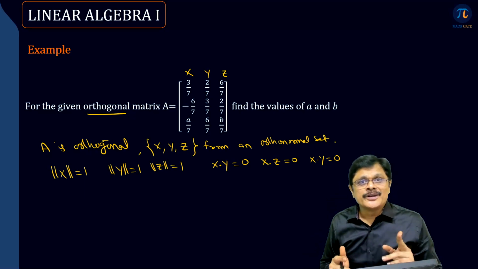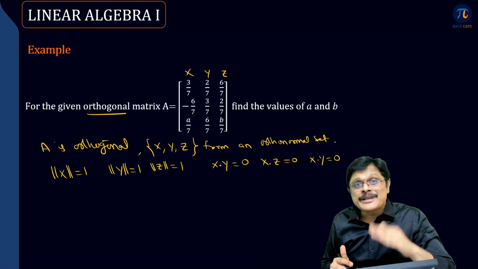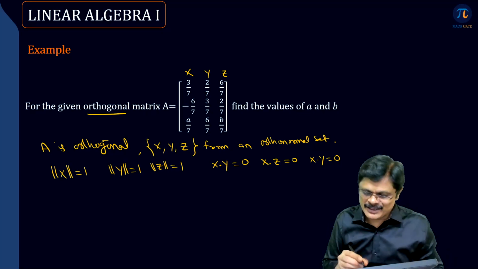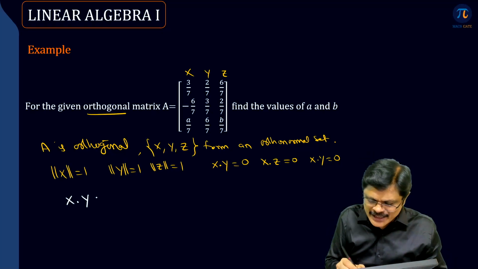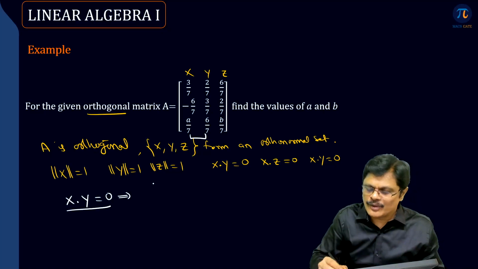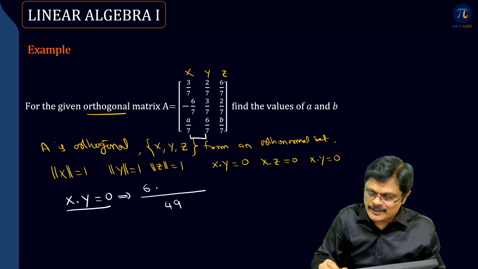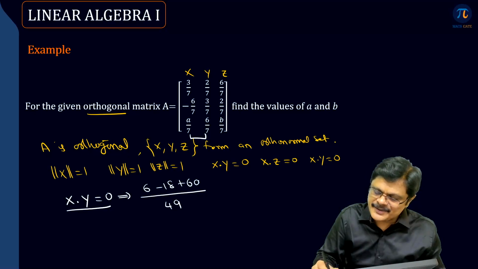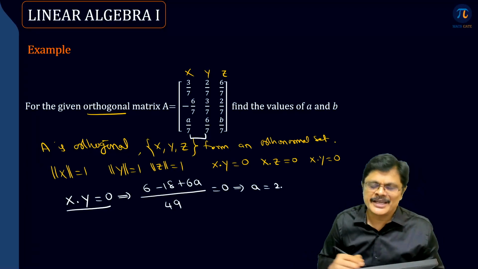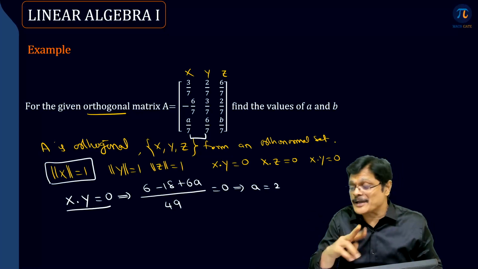So I told you, we have to consider the values of a and b which satisfy all the conditions, not just one condition. Remember. So I use the condition x dot y is 0. The denominator is 7 into 7, 49, and the numerator is 6 plus 12 minus 18, and this should be equal to 0. From this you get the value of a as 2. But if you take the norm of x, you get 2 values of a, plus or minus 2.